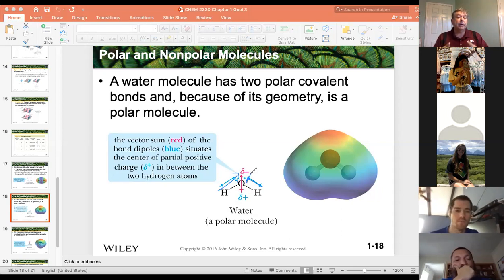Now, because it's sp3 hybridized, we know that angle is about 109 degrees, which means they're not being pulled in equal and opposite directions. The one that's being pulled in this direction cancels part of the one that pulls in this direction, but both of these have an up component, okay?